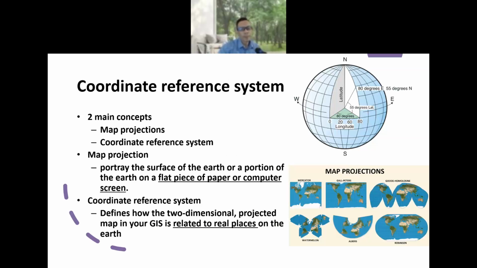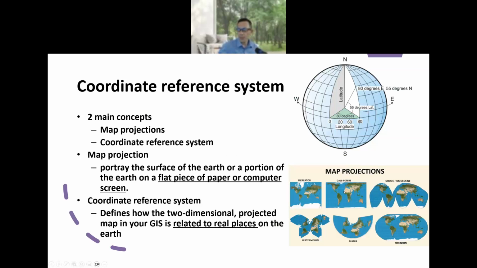Because of that, some people use this cutting, some people use that cutting, some people use different cutting. That's why you see different cuttings like this. All right. So this is like Mercator, Gall-Peters. Mercator uses this kind of projection.